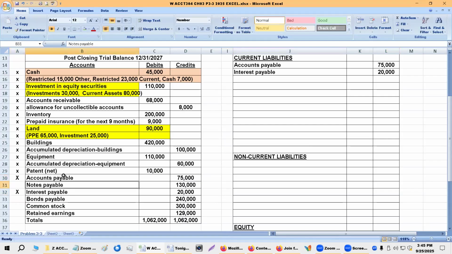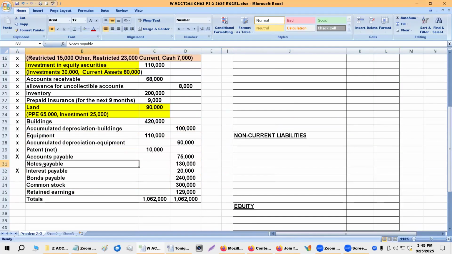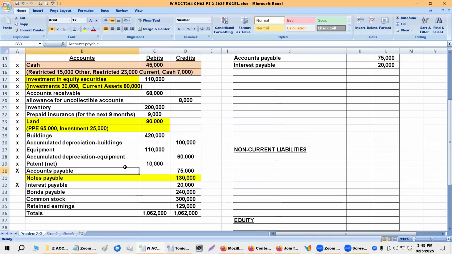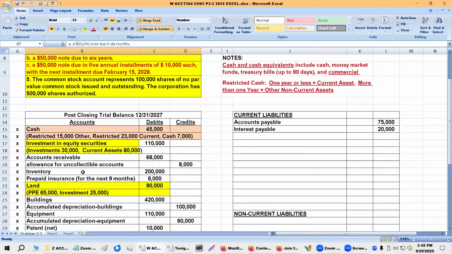Okay, let's go to the terrible, awful one: the notes payable. For the notes payable, we've got to go up to here. Okay, so there's a $30,000 note due in 6 months. Is that current or non-current?